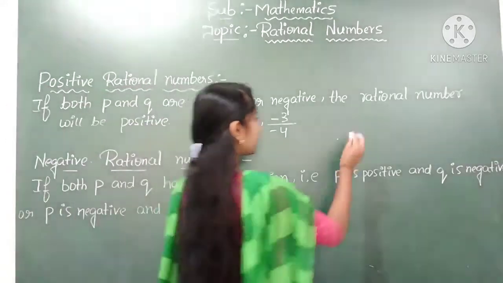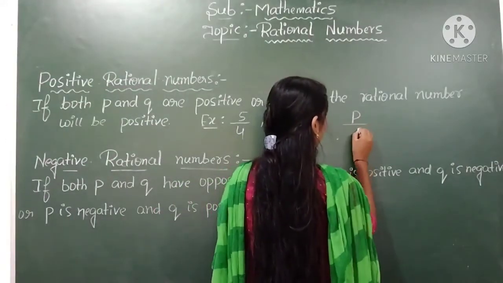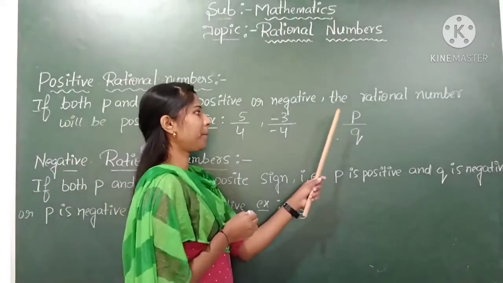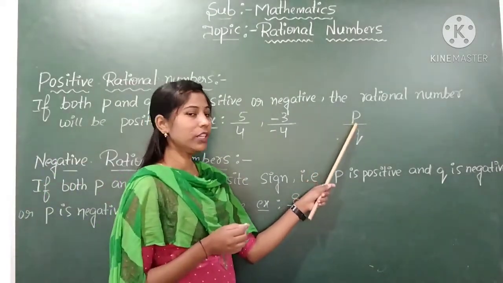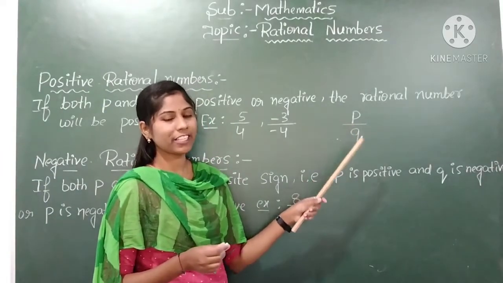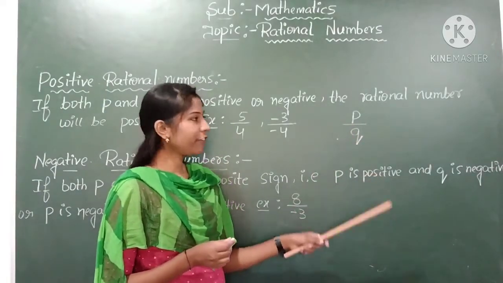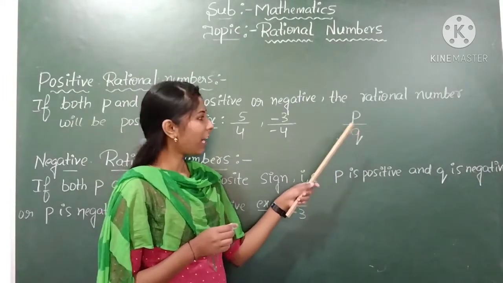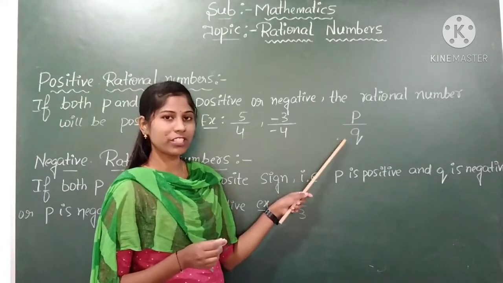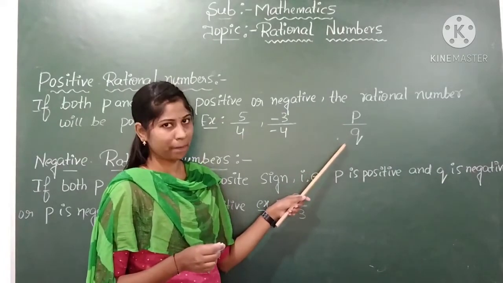Yes, these rational numbers are in the form of p by q. If p is positive and q is positive, that is a positive rational number. If p is negative and q is negative, that is also said to be a positive rational number.